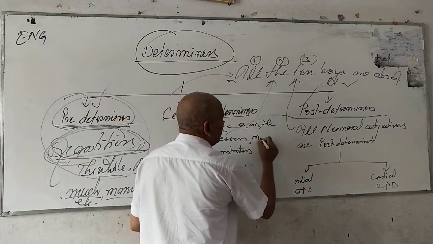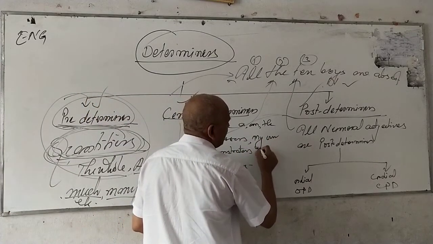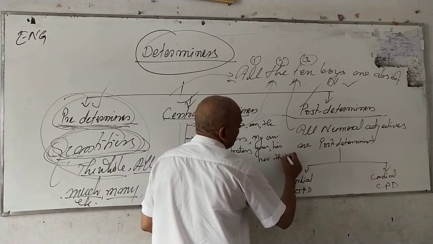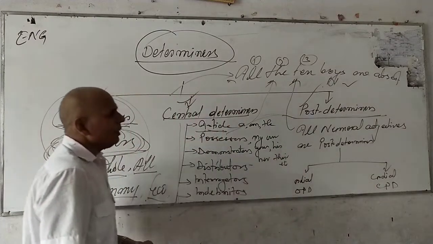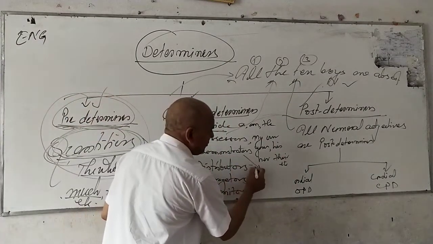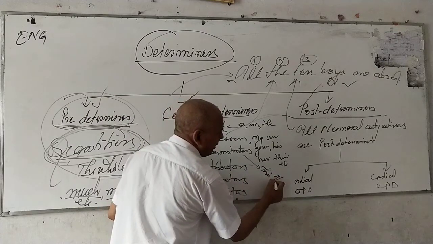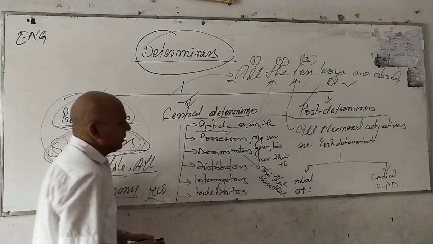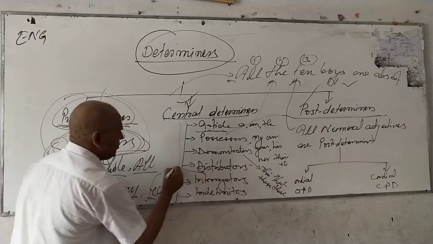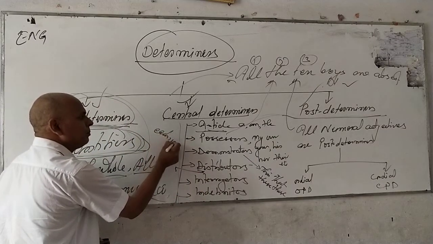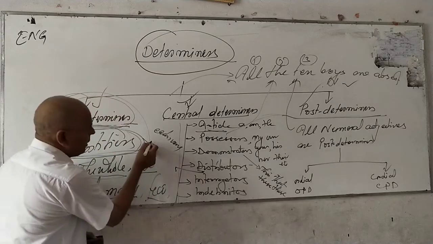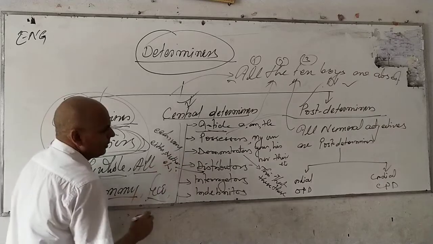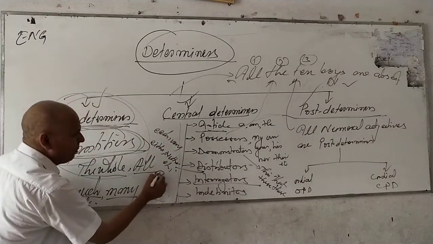Possessors: my, our, your, his, her, their, etc. Demonstrators: this, that, these, those, etc. Distributors: each, every, either, neither, etc. Interrogators: all WH family.